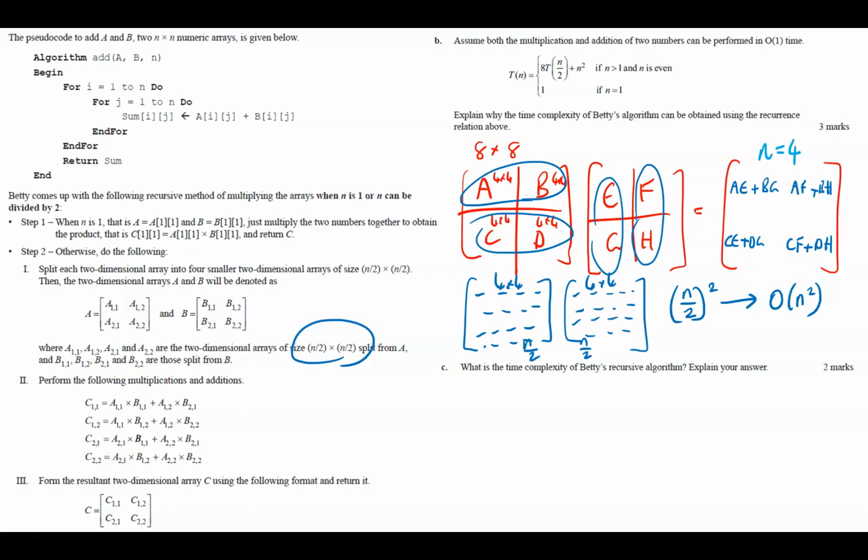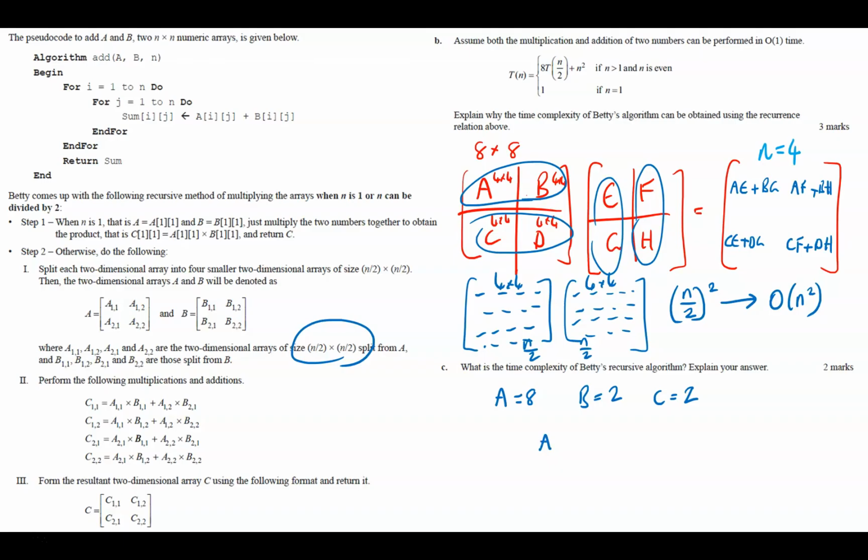Now, if you were doing this in an exam and you didn't completely explain that, it doesn't matter, because we are now just applying the information. So A equals 8, B equals 2, and C equals 2. We use our master theorem.